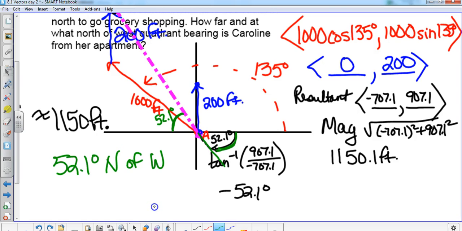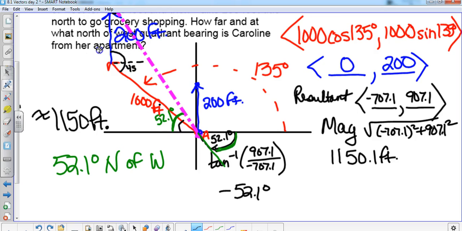This one actually would have been pretty easy to do by law of cosines, and I won't make you redo it again, but what would this angle in here be? Can anybody figure that out? If this was 45 in here between the red and the black, then this is 45 down here, right?